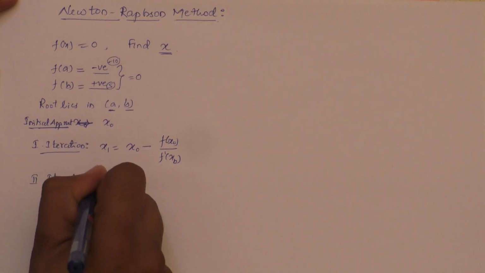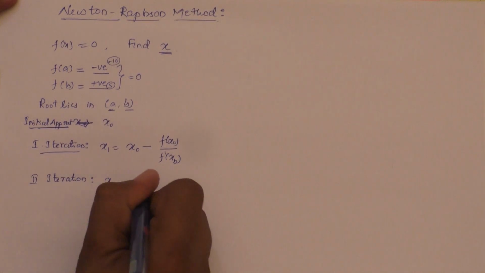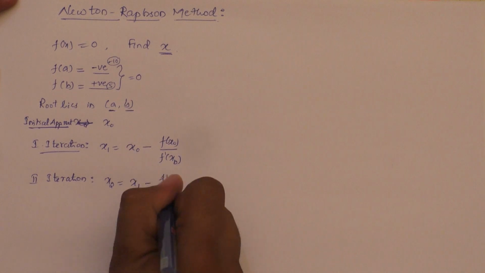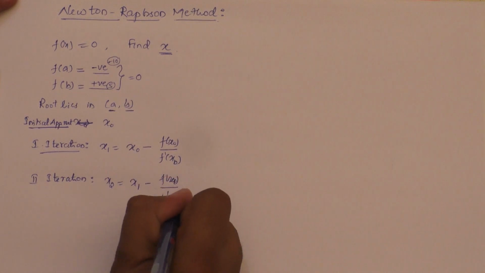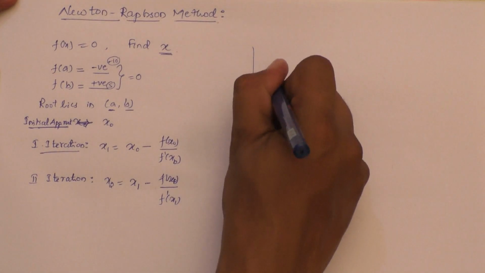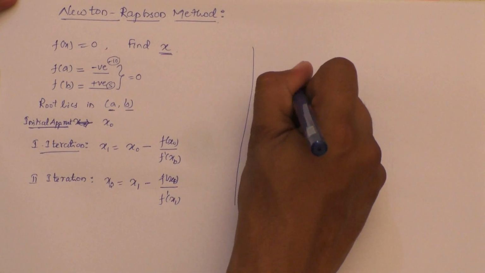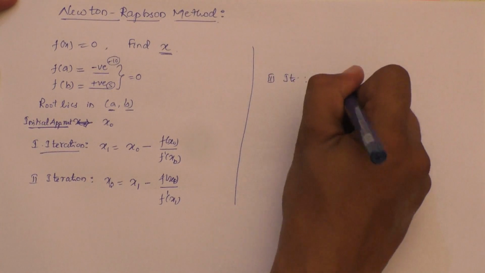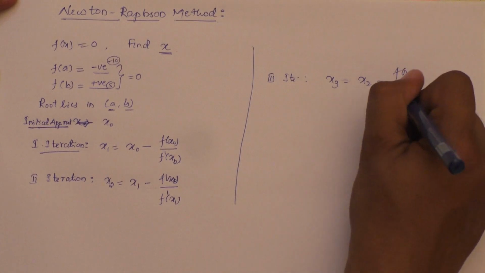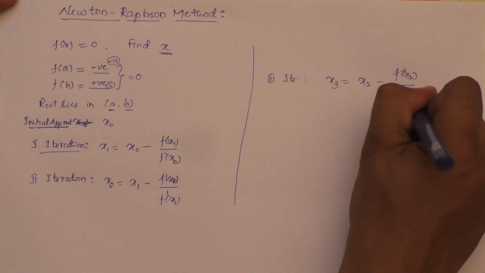Second iteration means x2, which will be x1 minus f of x1 divided by f dash x1. So like this you need to continue. Third iteration, x3 equal to x2 minus f of x2 divided by f dash x2.